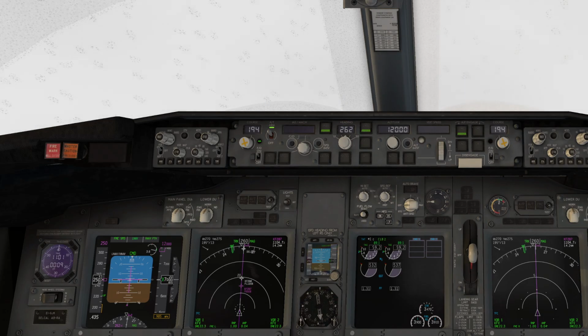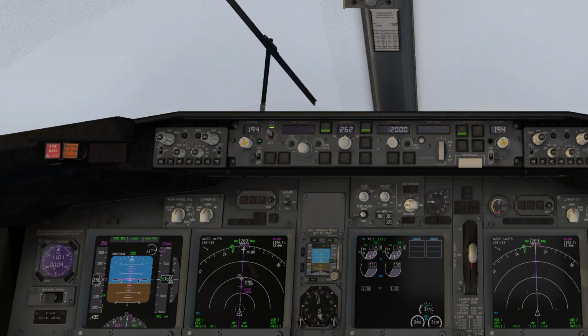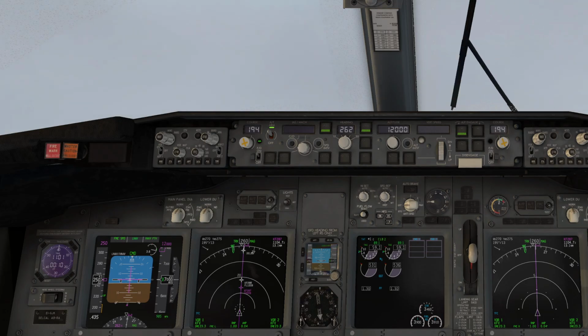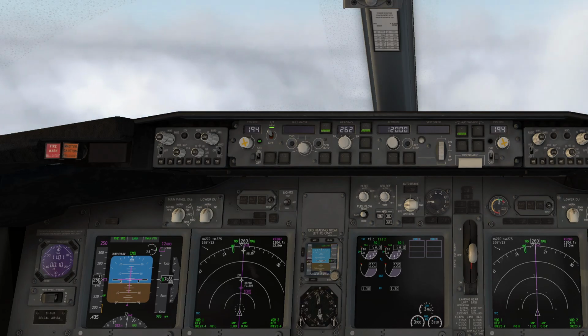Still at flight level 070. Well, technically 7,000 feet because I'm still on the altimeter. If I switch to standard, it will be well above.